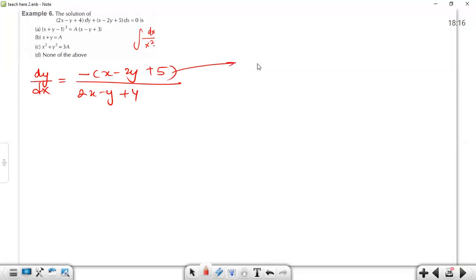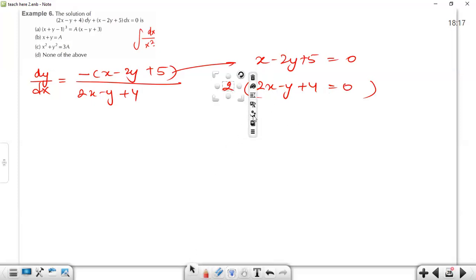First, we will equate x minus 2y plus 5 equal to 0 and 2x minus y plus 4 equal to 0. Then we will multiply the second equation by 2 on both sides, so it will change nothing. Now it will become 4x minus 2y plus 8 equal to 0.